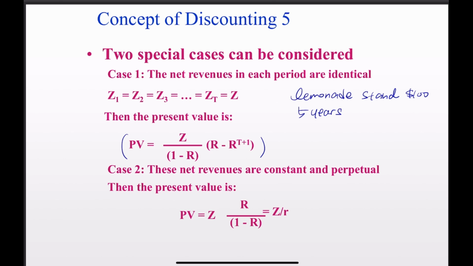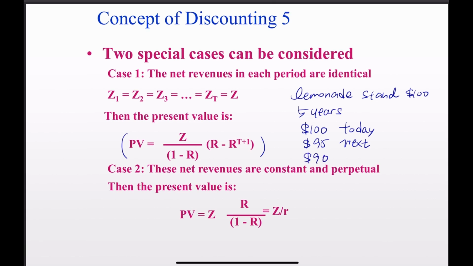This year's $100 is worth $100. Next year's $100 is worth a little less. Maybe let's say $95. That's next year. The year after that, it's even less, maybe $90, and so on. So we add up all these today's values.